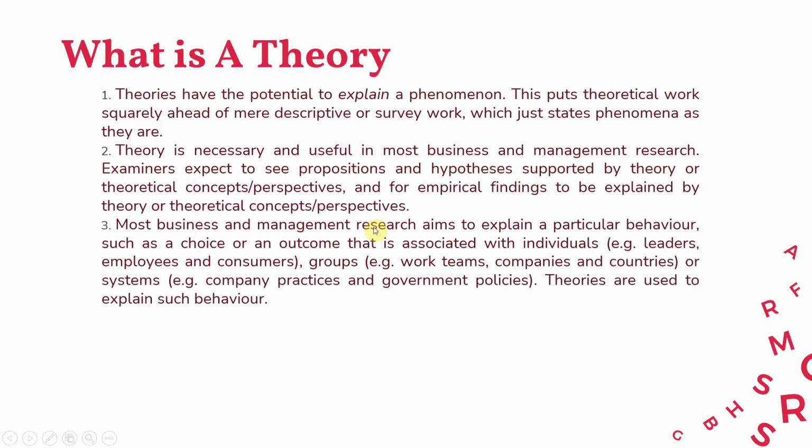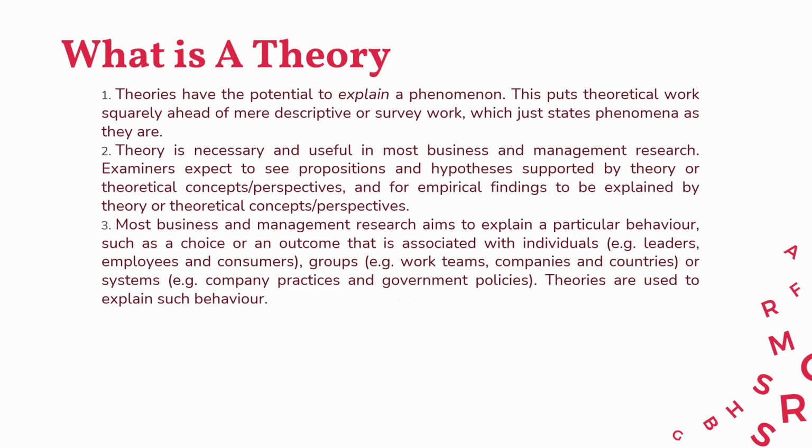Now, most business and management research aims to explain a particular behavior, such as a choice or an outcome that is associated with individuals, for example, leaders, employees, and consumers, or how they are associated with groups or systems. Theories are used to explain such behaviors.